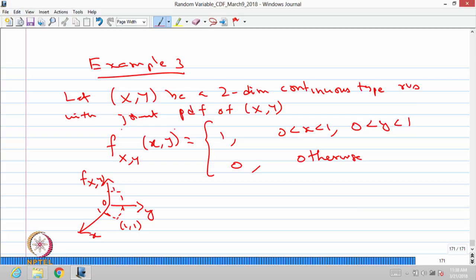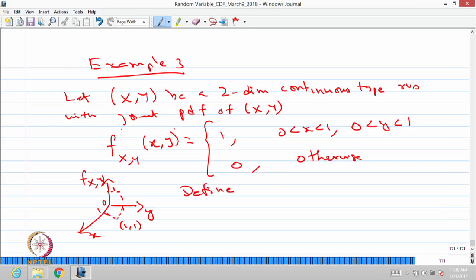The question is, we are going to create another two-dimensional random variable, and then find the distribution of the new set of random variables, which is also two-dimensional. So, I am going to define the new set of random variables. We can use the same notation.